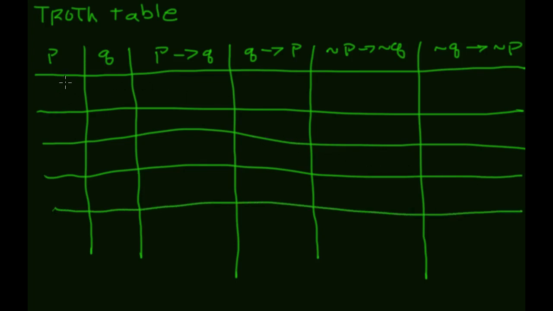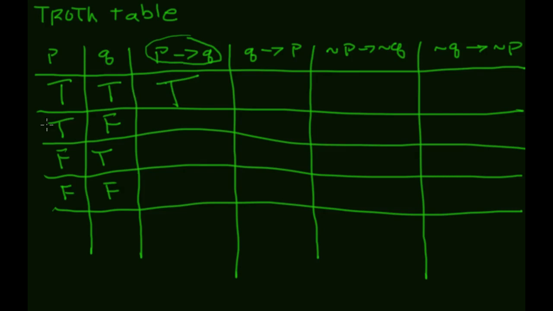P can be true and Q true, or P true and Q false, P false and Q true, P false and Q false. So if a conditional is true, when the hypothesis is true, the conclusion must be true. So I get true when I have T, T. True.